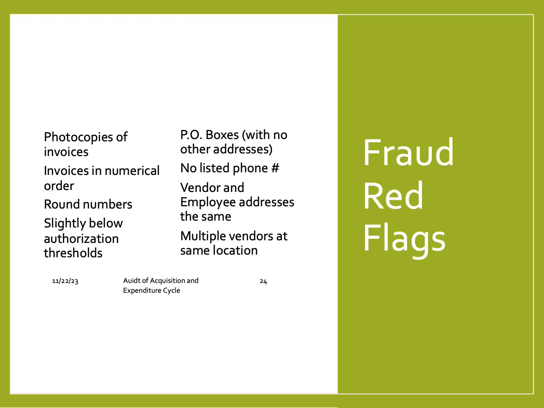Invoices submitted outside normal billing cycles or during periods of low oversight. Vendors with no physical address or presence, indicating potential fictitious entries. Limited or non-existent business history for vendors submitting significant invoices. Auditors should remain vigilant for these red flags during the examination of the acquisitions and expenditure cycle, particularly in the review of vendor invoices.